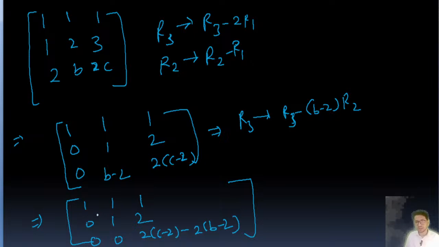So now we can see this is the upper triangular matrix, right? Yes, because this is the diagonal line, and all elements below this diagonal line are 0, okay? So for getting the solution, first we need to convert this matrix into an upper triangular matrix, which we have already done now.